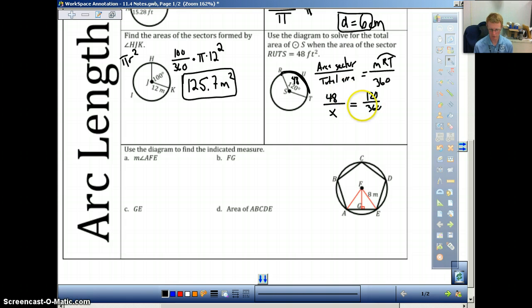And then literally we're just solving a proportion here. 48 cross multiply, so we do 48 times 120 equals 120x. Sorry, made a mistake there. That should have been 48 times 360, of course. Okay, and then we divide both sides by 120 to solve for x there, and we get our area is equal to 144 feet squared.